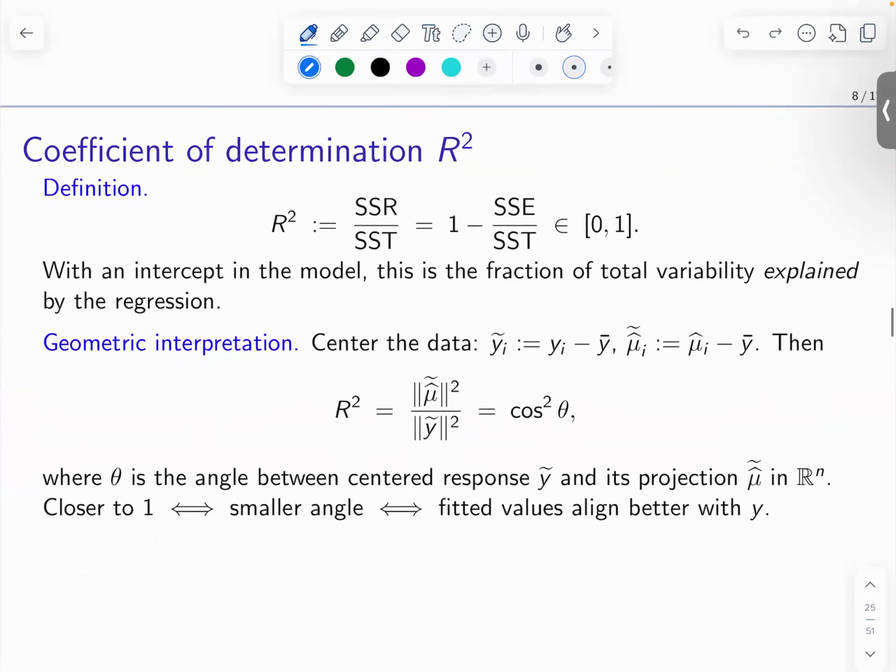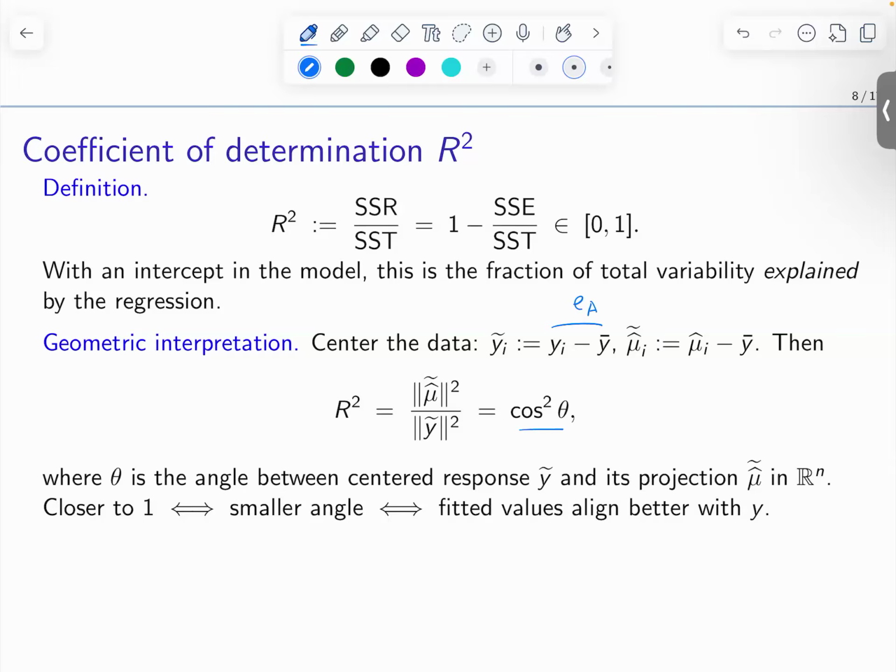And so if you go back to that geometric picture that I just mentioned, you can see that this is really the cosine squared of the angle that we looked at. And the angle here would be between, in the reduced model, it's just yi minus y bar. You can call it the centered data.